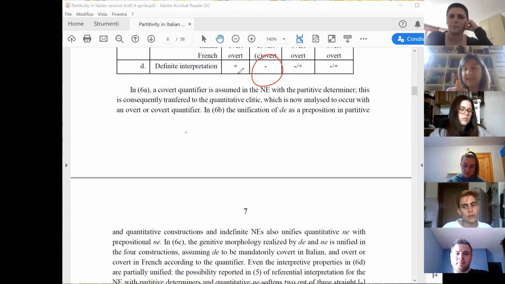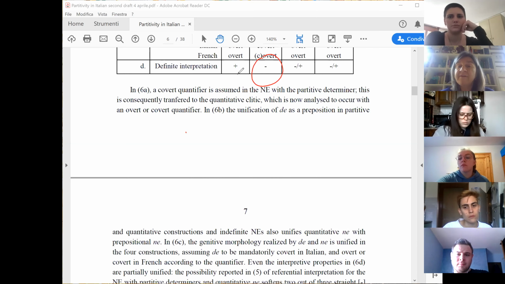But one could say that even the quantitative construction, when it has a 0 noun that can refer to a previous topic in the discourse, can have a definite meaning.